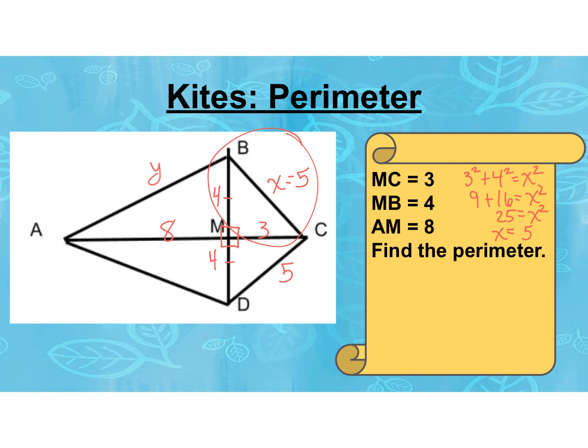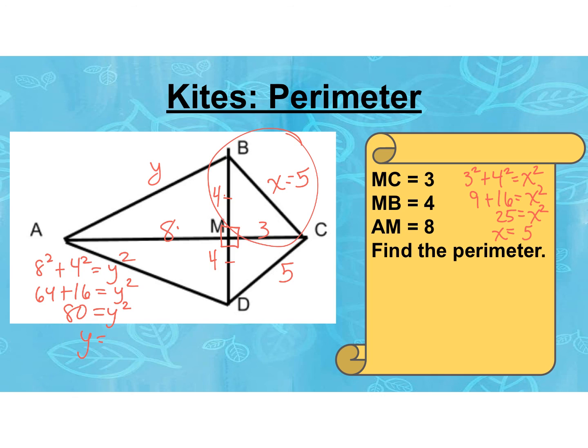And now I'm going to do it with the 8 and the 4. So we'll do it over here. 8 squared plus 4 squared equals Y squared. We have 64 plus 16 equals Y squared, which is not what I had. Oh, I did the wrong thing earlier. Okay, so this is 80 equals Y squared.